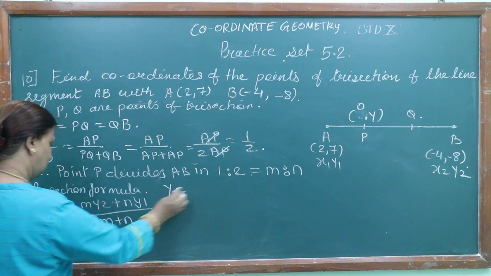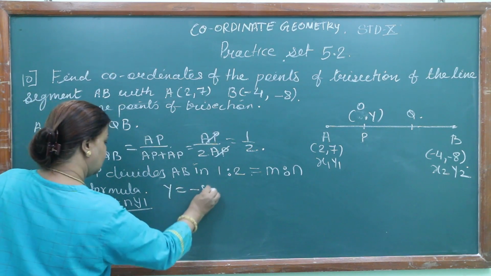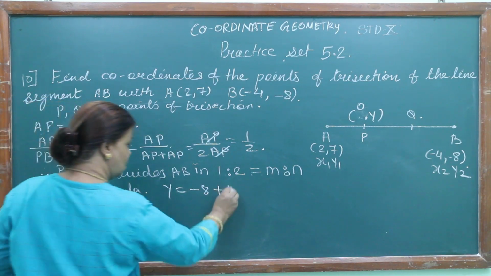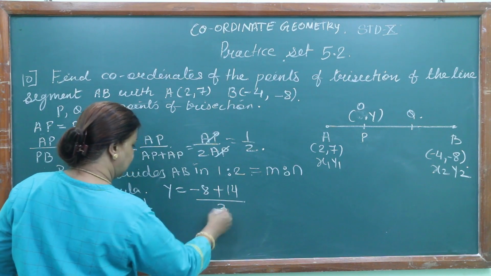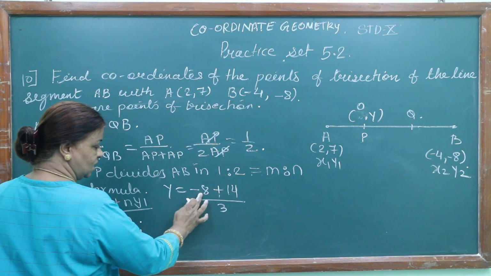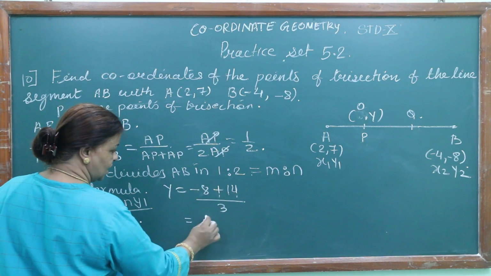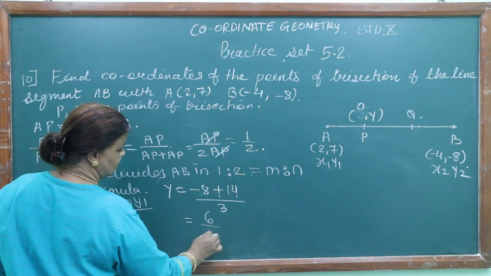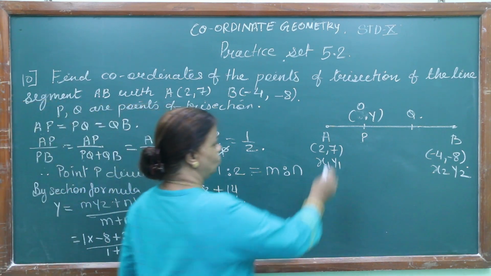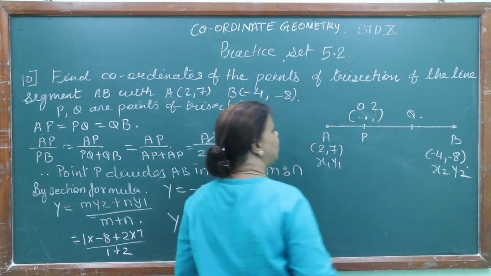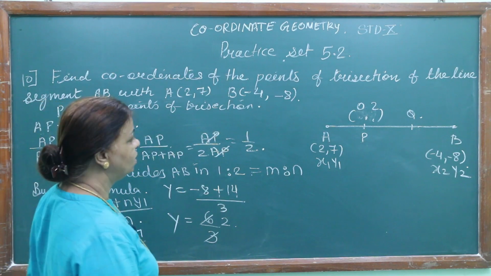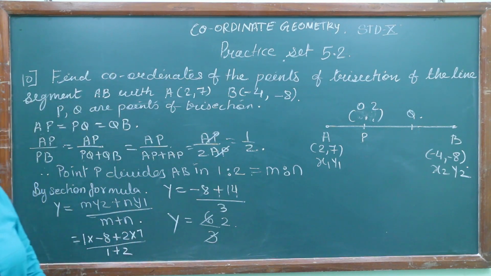So y is equal to minus 8 plus 2 into 7, 14, upon 3. So one is plus, one is minus. 14 minus 8 is going to be 6. 6 upon 3, 3 2s are 6. So the y coordinate is 2. For point P we got the x and y coordinates. Now we will find the coordinates of point Q.